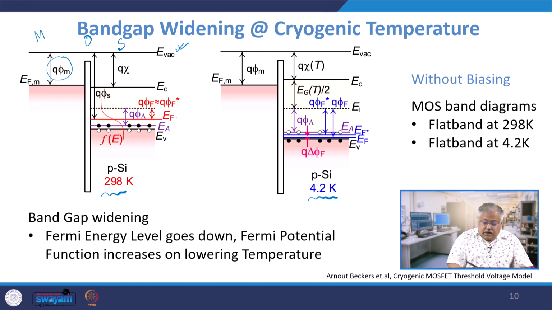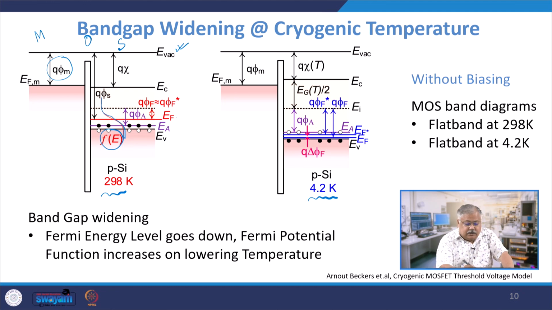So, now if you look at the Fermi function at this particular point, you see that it comes like this, then bends like this, and then comes like this, right. This is the energy scale I am talking about, which effectively means that the Fermi function is almost 0 above the conduction band. So, you will not find any free electron there at 298 Kelvin.